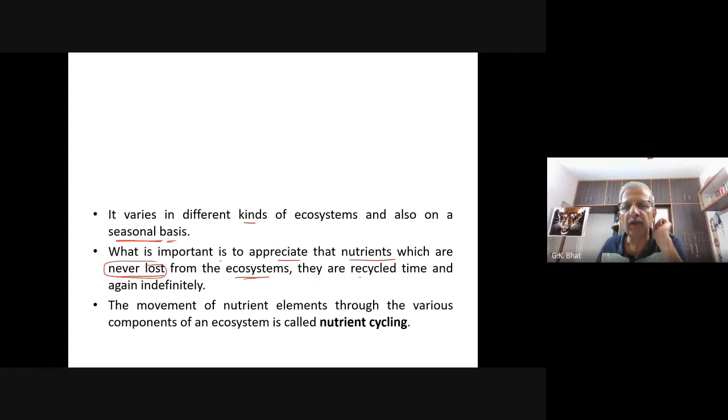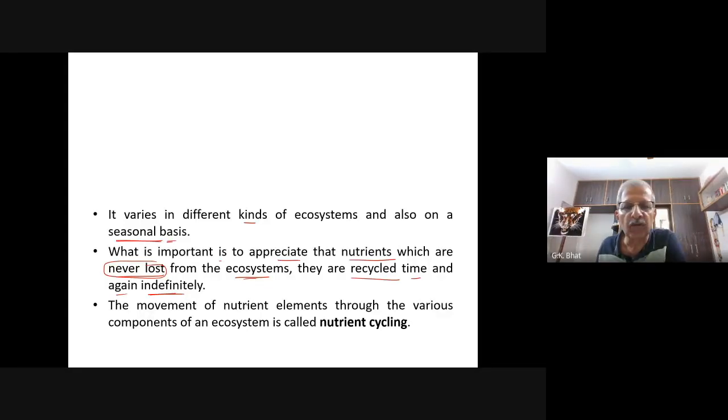They are simply recycled time and again, indefinitely. No nutrient is lost; it only moves from one area to another.